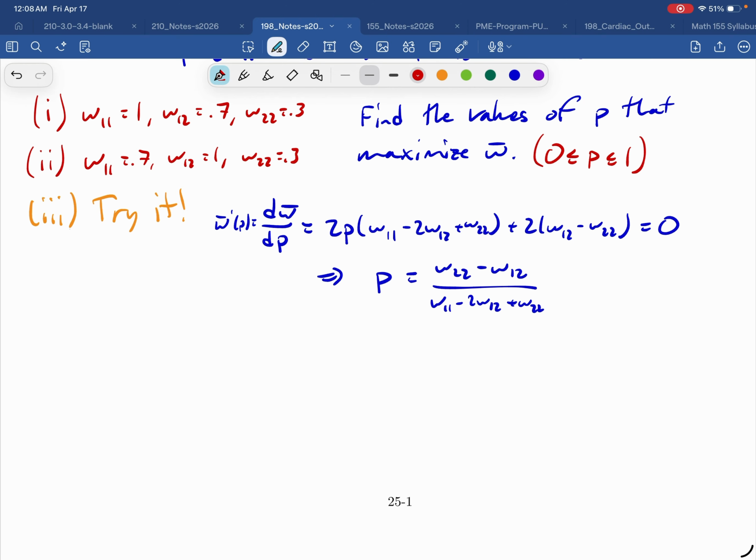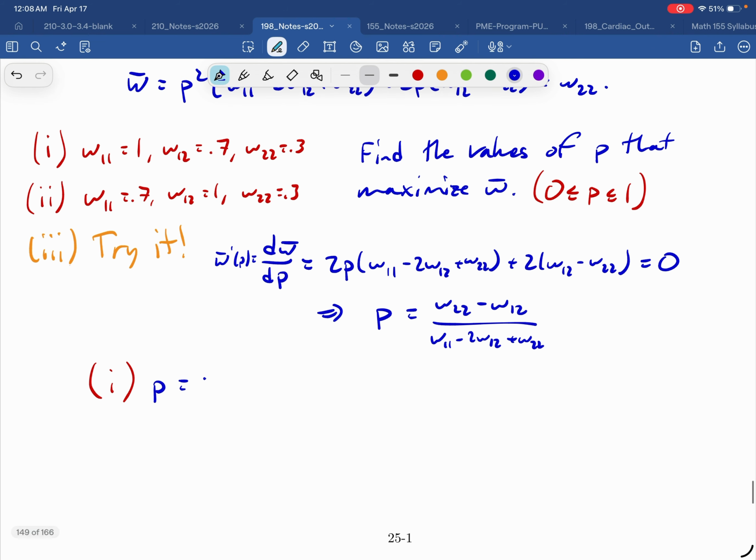So for case 1, P is going to equal 0.3 minus 0.7 all over 1 minus 2 times 0.7 plus 0.3, and that winds up equaling negative 0.4 over negative 0.1, which equals 4.